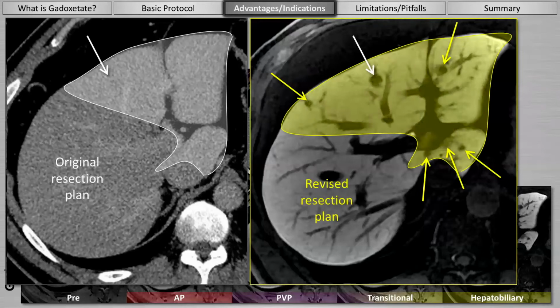So the ability of gadoxetate disodium to detect additional metastases is a very powerful indication for using gadoxetate disodium in preoperative patients.